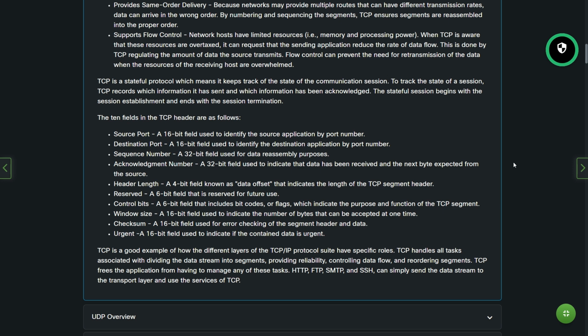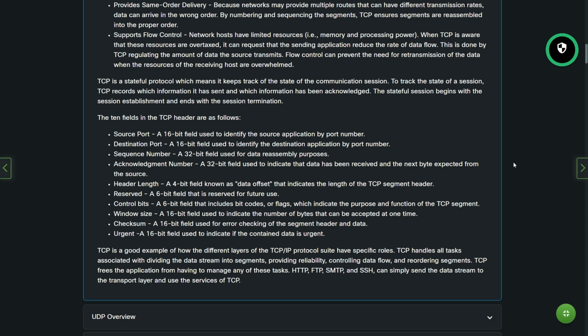The next, header length, a 4-bit field known as a data offset that indicates the length of the TCP segment header. The next, reserved, a 6-bit field that is reserved for future use. The next, control bits, a 6-bit field that includes bit codes or flags which indicate the purpose and function of the TCP segment.